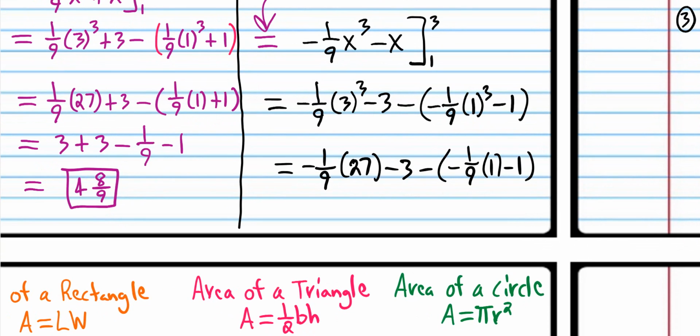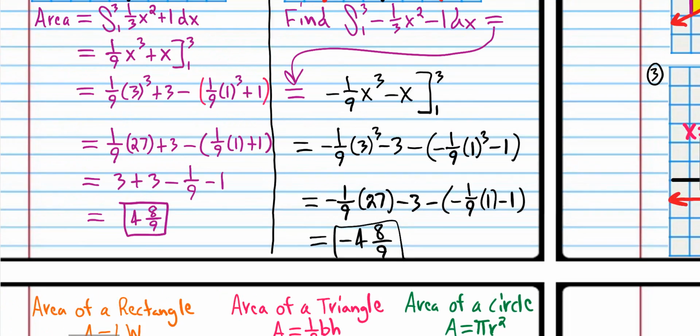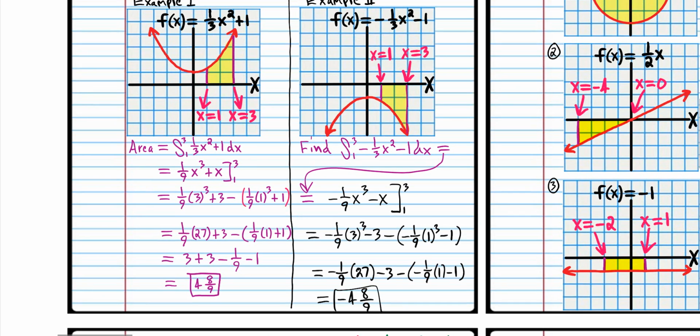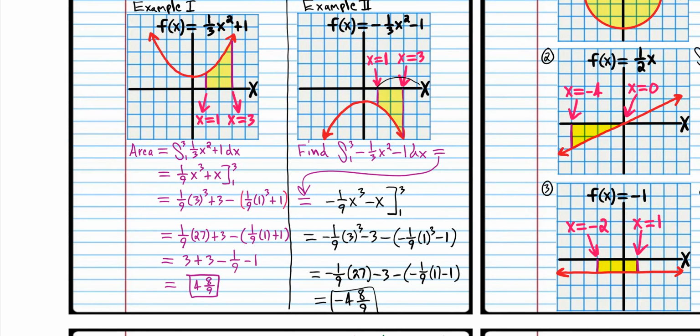And we end up with -4 8/9. So when we found this area above the x-axis, it was +4 8/9. But when we found the same area, but it was positioned below the x-axis, we found the same number, except it was negative.